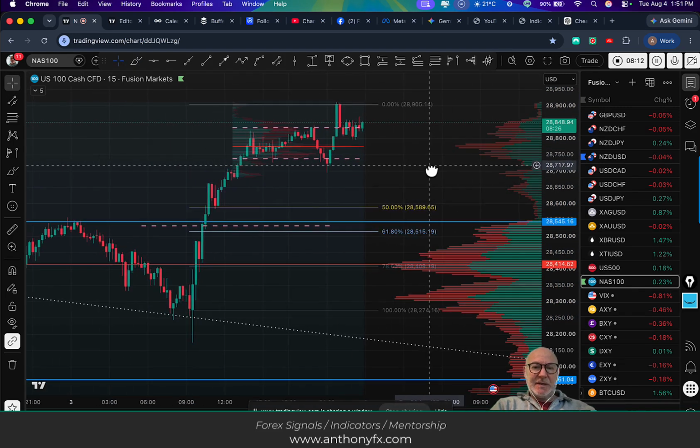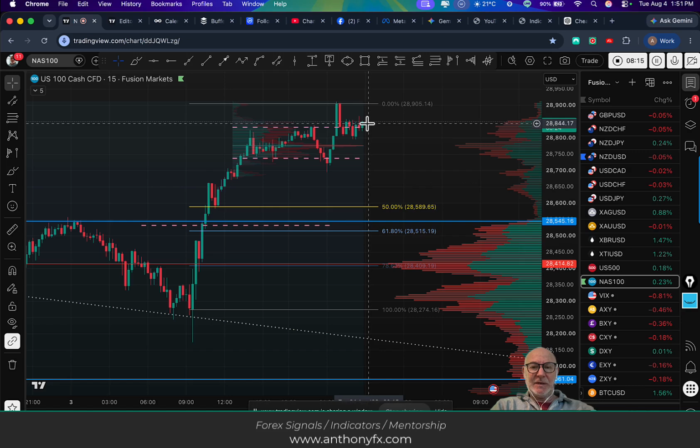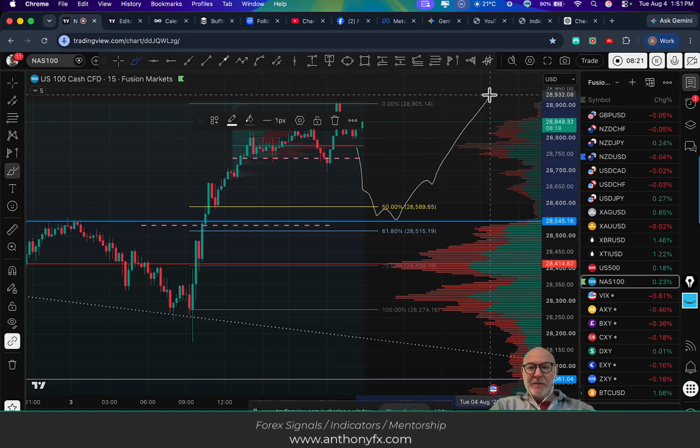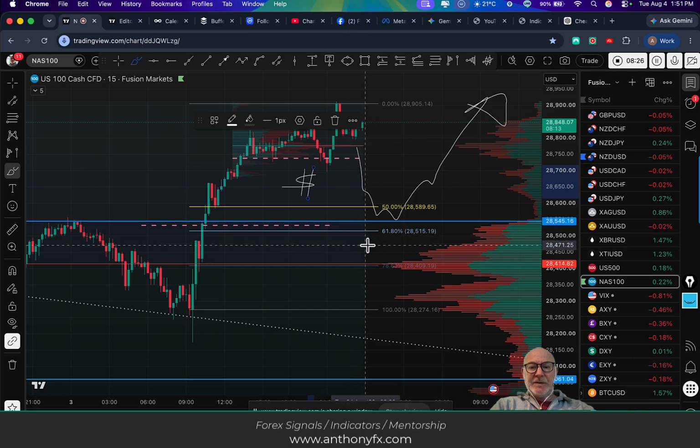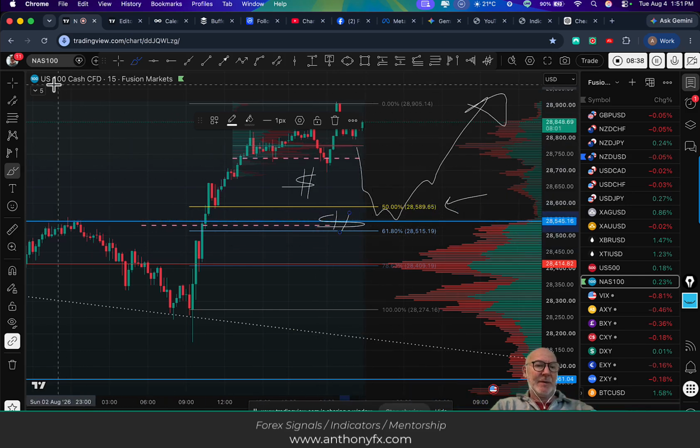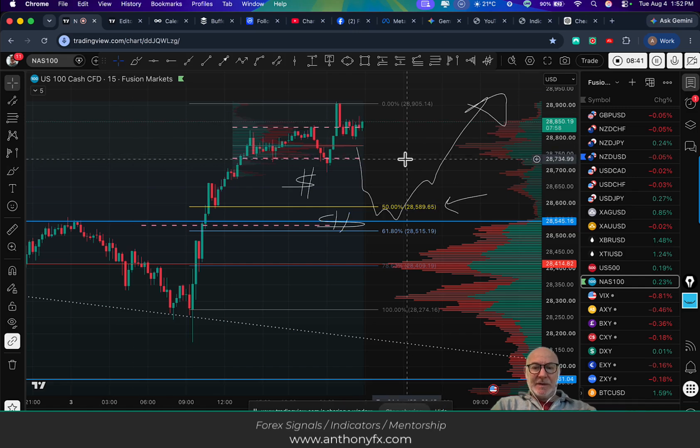So the question is, if this is an accumulation, are they going to force this back down to pick up liquidity under here? It's a pretty good chance. And also, this 50% level is the threshold where there's a discount; they don't like to buy at a premium. Anyway, I hope you understand what I'm saying here.